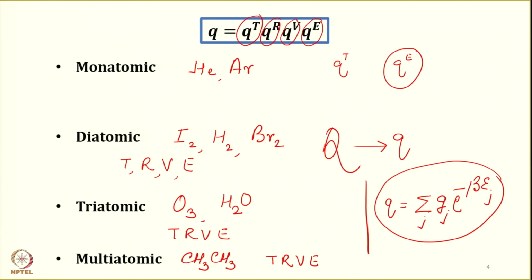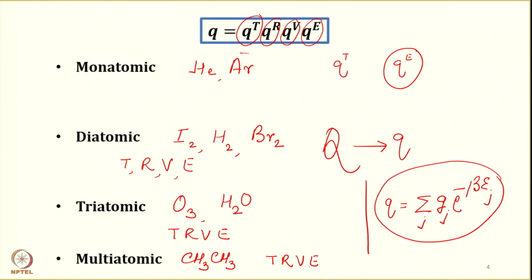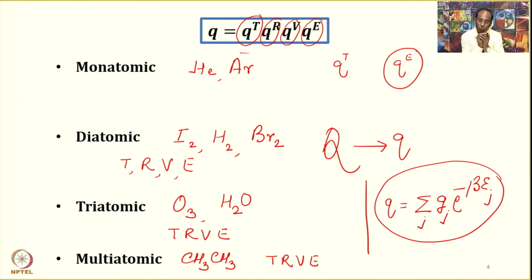So, in addition to translational contribution, we should now focus on the rotational energy levels and the vibrational energy levels of a system. And here again we will go back to the concepts that we learned from spectroscopy, that is the energy levels of a rotor.